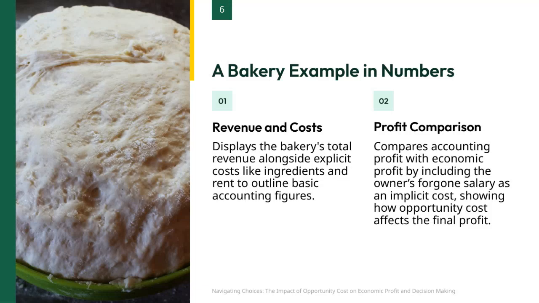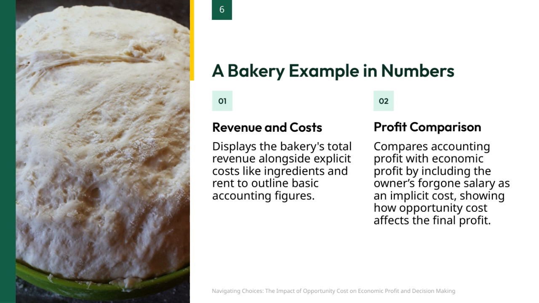Here we have a practical example using a bakery to illustrate key financial concepts. On the left, you can see a large bowl of risen dough, representing the bakery's core product in the making. Now, focusing on the content on the right, the first point is about revenue and costs. This shows the bakery's total revenue and the explicit costs involved, such as ingredients and rent, giving us a straightforward view of the accounting figures.